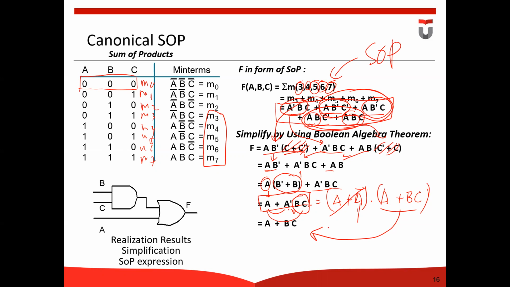Now, how can we implement this function by using logic gates? If we want to synthesize this function into a circuit, then we need to understand what the latest operator in this function is. The latest one is plus.